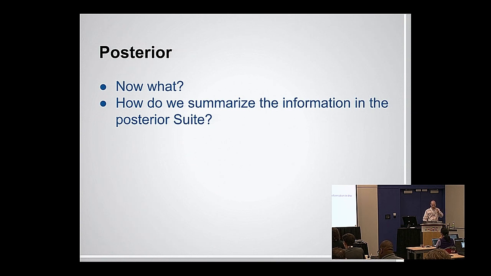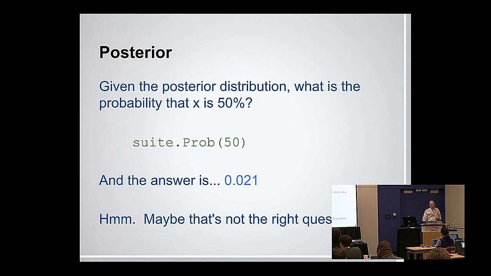So same question that I asked before about summarizing the posterior. One question you might be tempted to ask, but which you should not ask, is what is the chance that this coin is fair, 50-50, in the posterior distribution? You could do that. You could look it up. You could say, in the posterior, what's the probability of the 50% hypothesis? But you're looking up a very specific value in a distribution that's actually kind of like a continuous distribution.